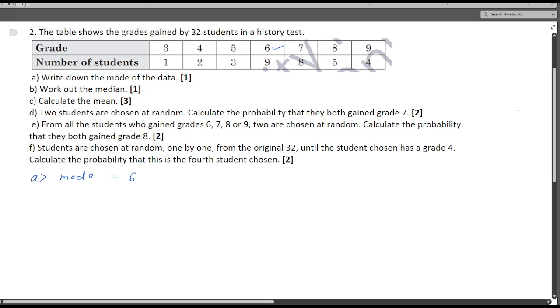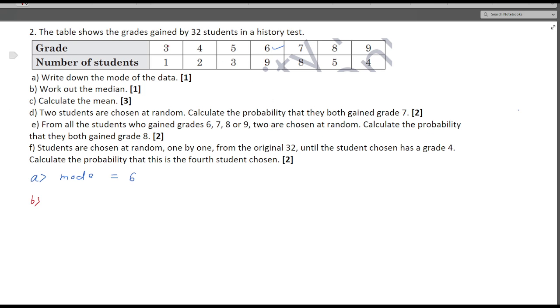Now second question. Work out the median. What is median? If I arrange these grades in ascending order, the grade which is present at the centermost position is considered to be the median. Now to find the median, we can make one more column, the cumulative frequency.